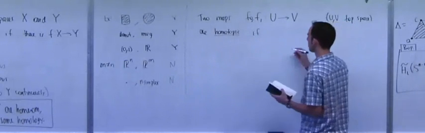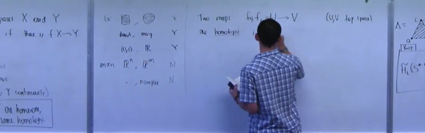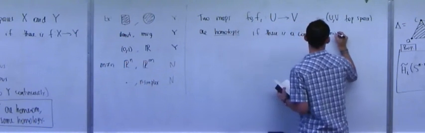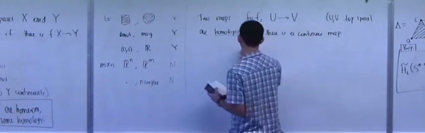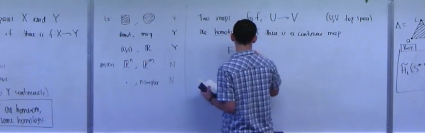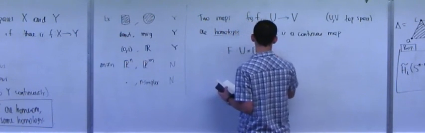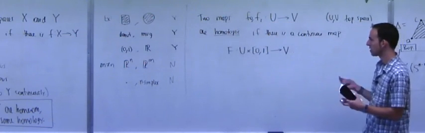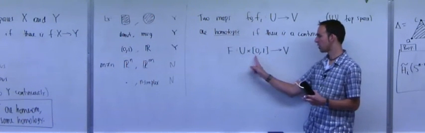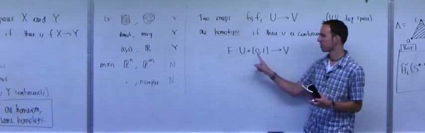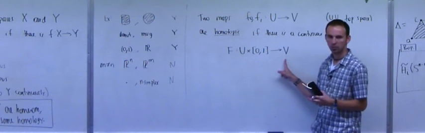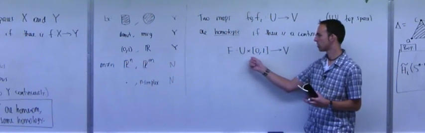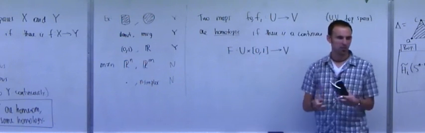Okay. So what I'm going to do is that there needs to be a continuous map from U cross [0,1]. I'll tell you in a second what I mean by this. So basically what I'm saying here is that for every number between 0 and 1, I have a map from U to V. So you should think that this is kind of like a time variable, right? So what I have is a map from U to V that is changing with time.